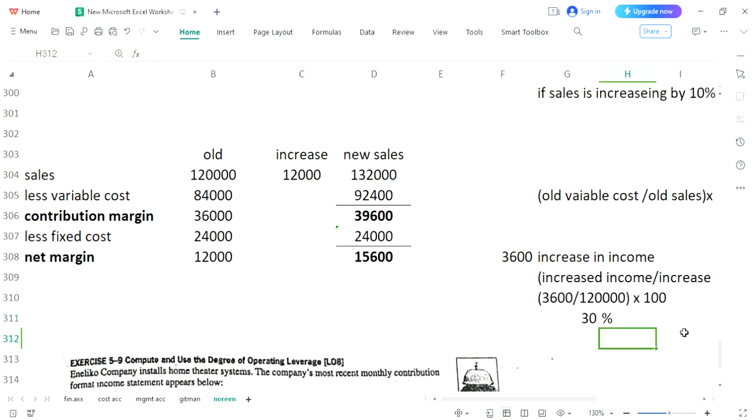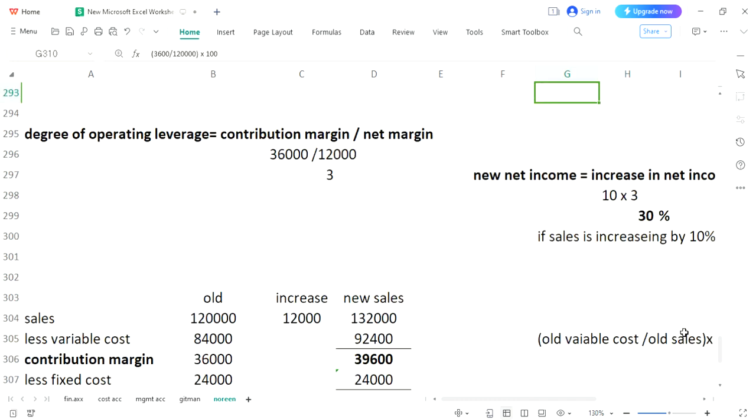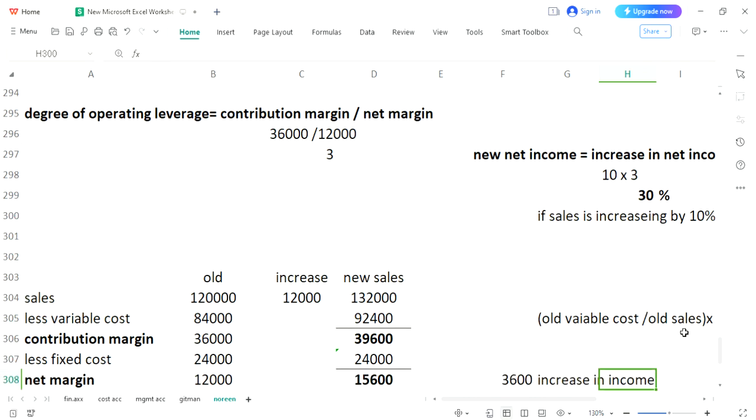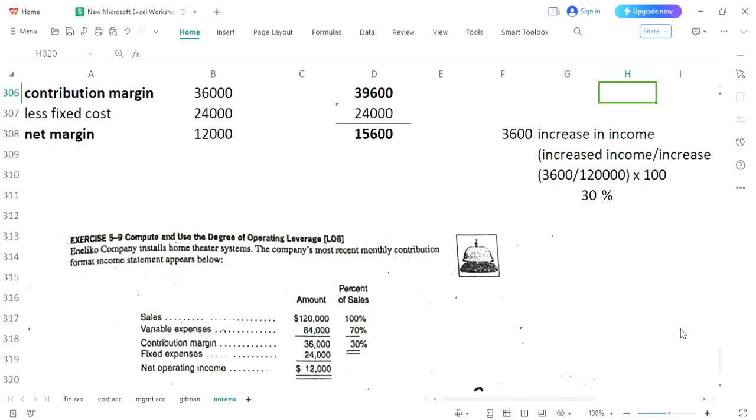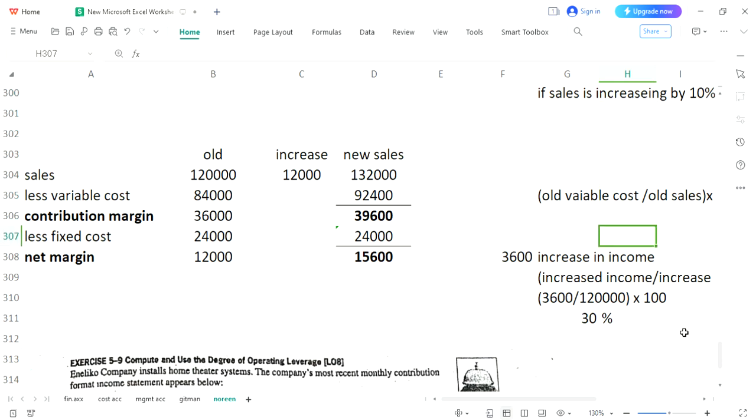So indirectly, we have calculated the percentage in two ways. First, we have used the formula of degree of operating leverage. This formula was used to predict our increase in net income, and net income has been increased 30%. And in a similar way we practically have seen how much profit has been increased.